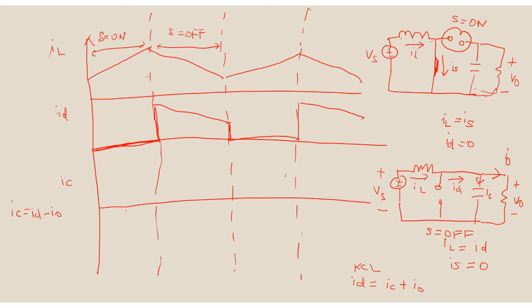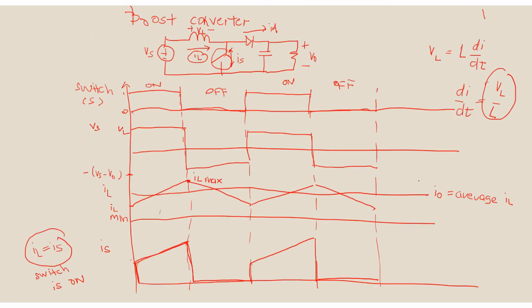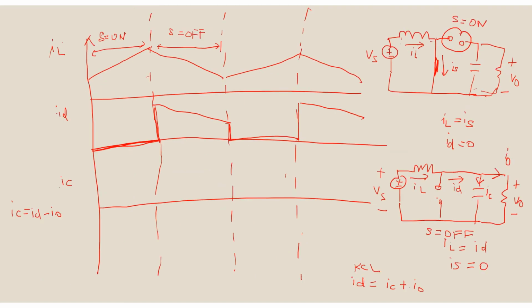From the previous slide just now, we defined I0 as the average. So for every point of ID, you subtract the I0 just now, and you can derive your IC waveform.